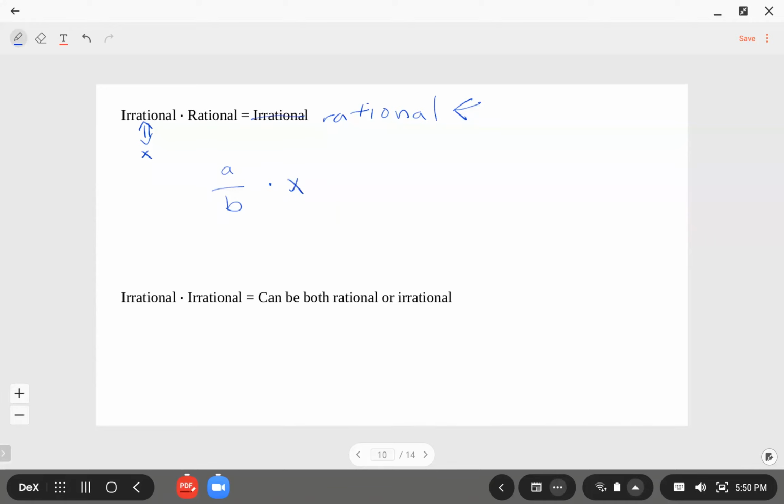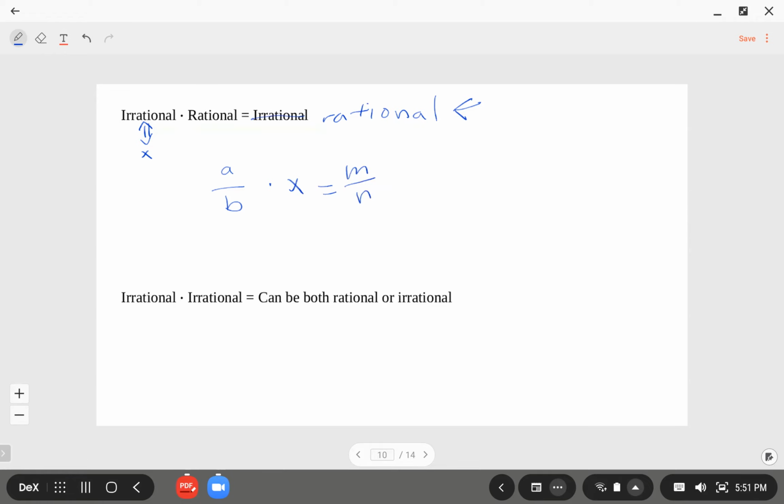And let's say that equals m over n, because m over n is another rational number. We're assuming that a over b times x equals a rational number, so that's why it's supposed to equal m over n.